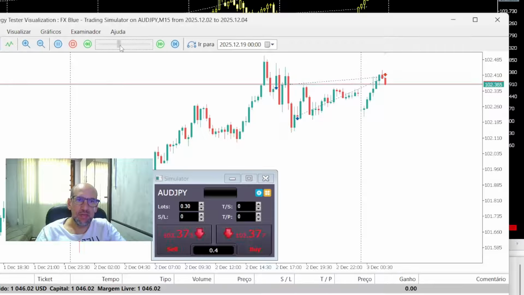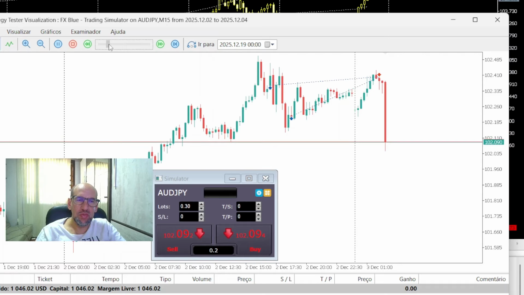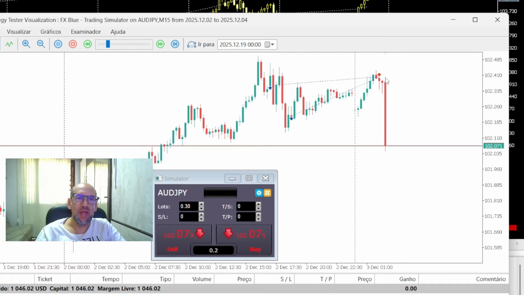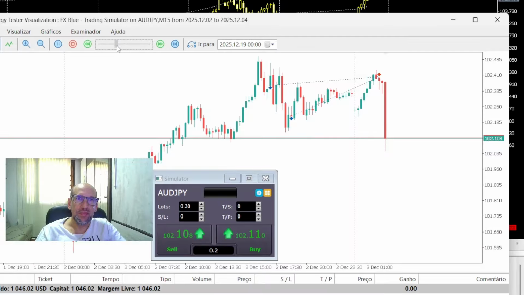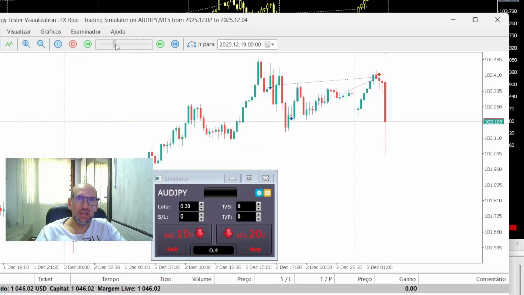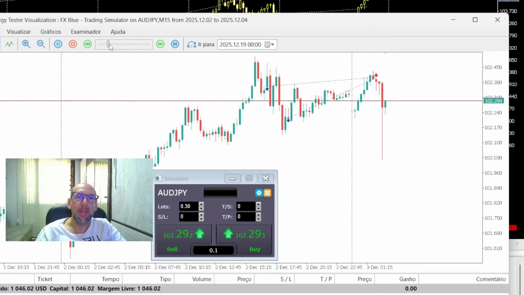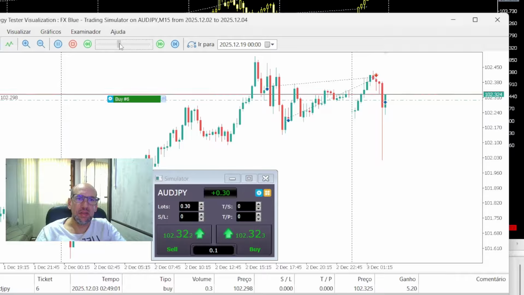Let's see something. On that day there was news. Whoa, this was the GDP, Australia GDP data. It was below the expectation, but it doesn't change the hawkish view. And I can buy again because this volatility is expected with the news.